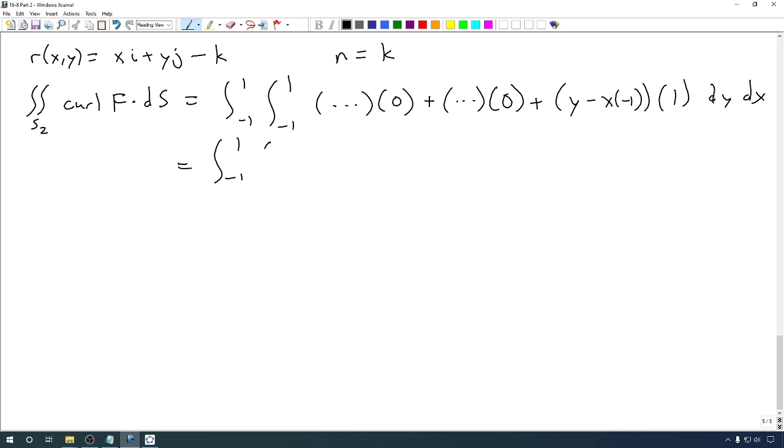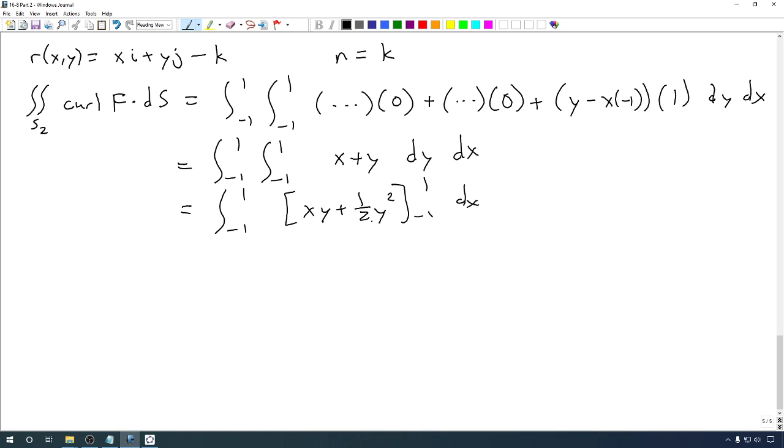So let's go ahead and just write that out. And now it's a fairly nice looking double integral. Nothing too complicated here. The integral with respect to y is going to be xy plus 1/2 y squared, going from negative 1 to 1. When we plug in 1, we're going to have an x plus 1/2.